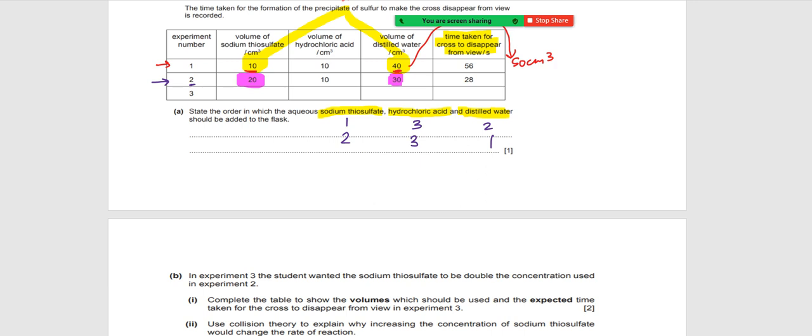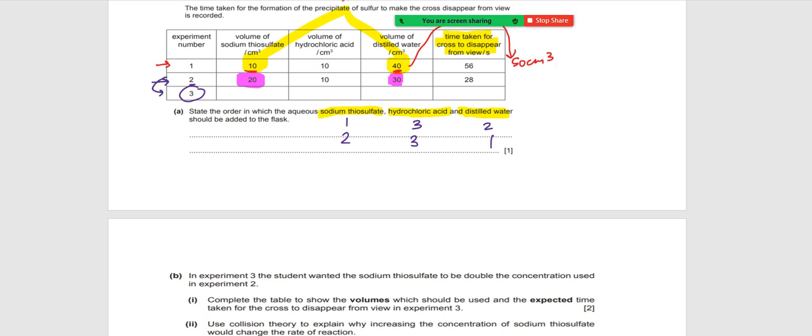Okay, do you understand? Now, how can I make experiment 3? How can I make experiment 3 double the concentration in experiment 2?